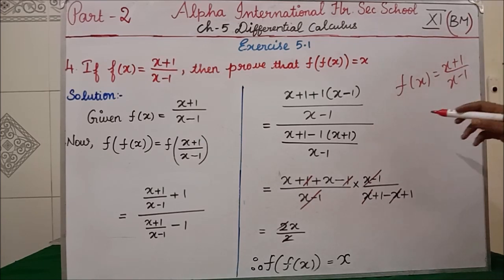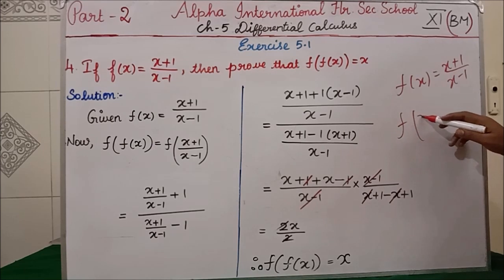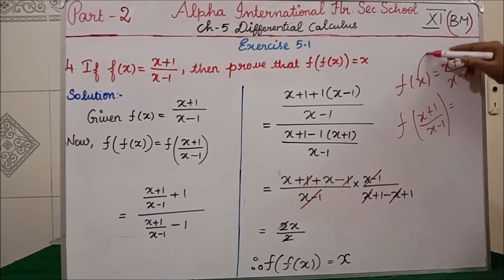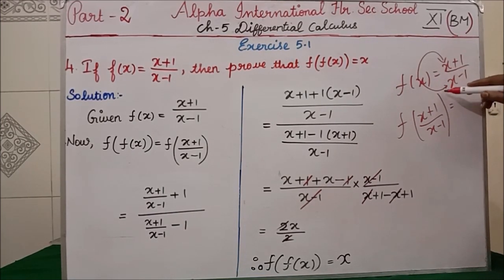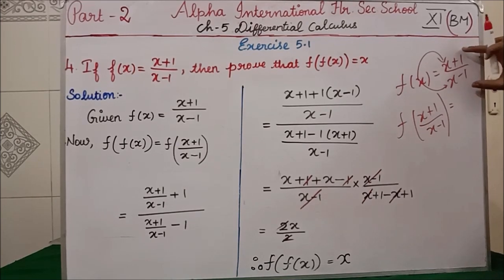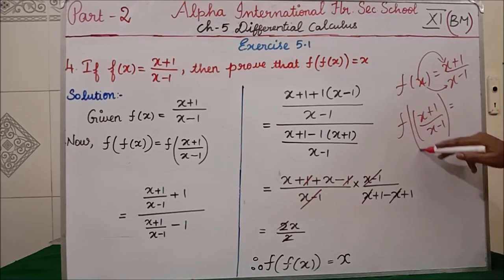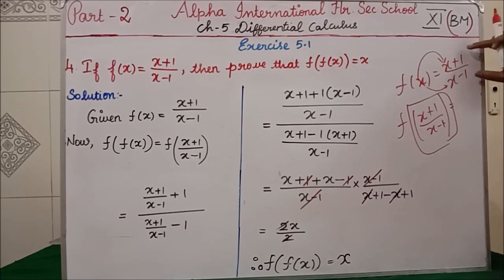Then next we have f of (x plus 1 divided by x minus 1), which I have written. Here x means x, and here x means x we have written. The same equation, instead of x we have written x, but in the place of x we are having what? x plus 1 divided by x minus 1. So how will you write this equation now? Wherever you are having x, you have to substitute x plus 1 divided by x minus 1. Can you understand?